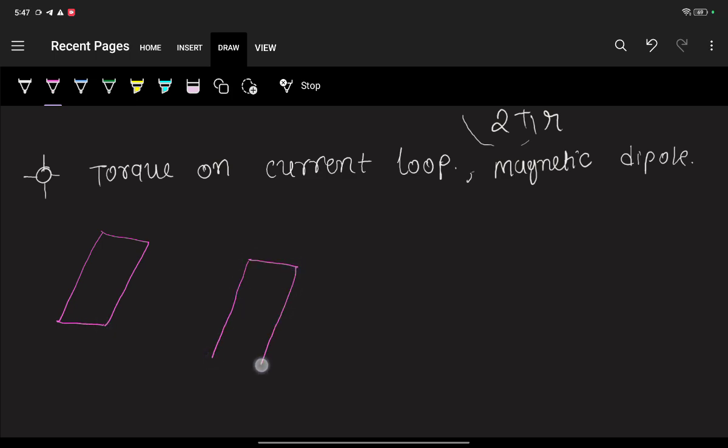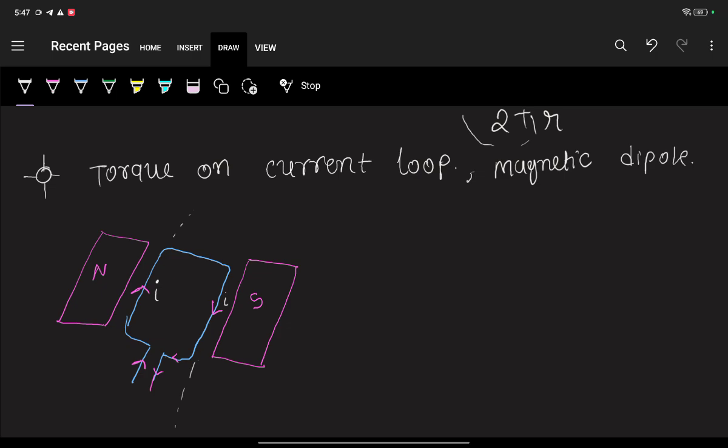In this electric motor, these are the two magnets, and there is this loop right here. Let's say current is flowing from this end to this end, right? So here you can notice the direction of current is in this direction, and here it is in the opposite direction, right?